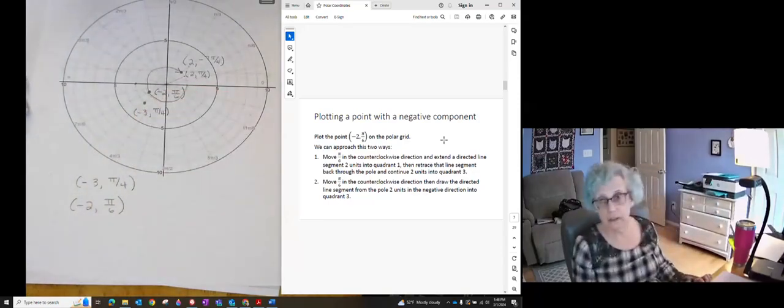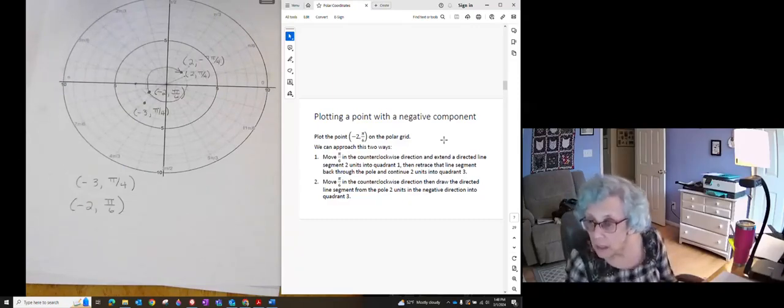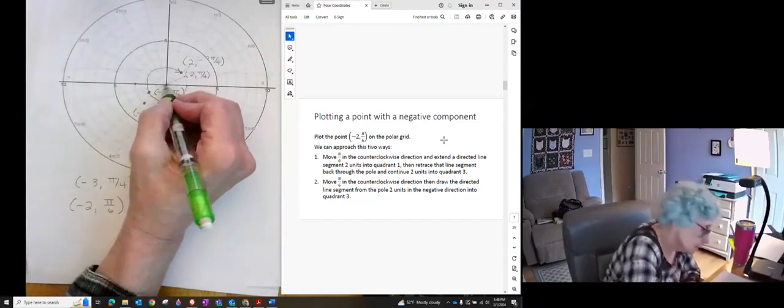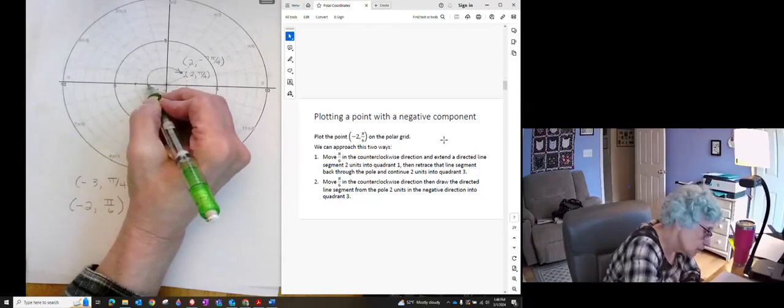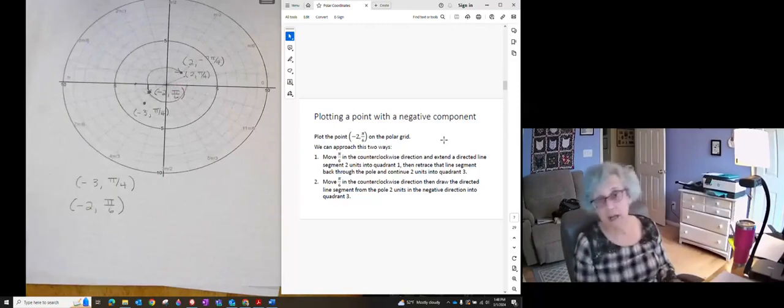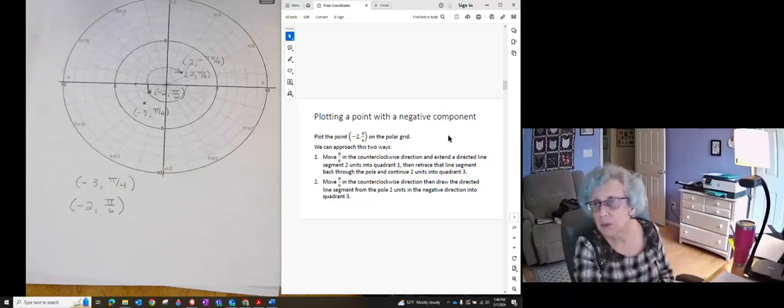Or move pi over 6 in the counterclockwise direction and then draw the directed line segment from the pole 2 units in the negative direction into quadrant 3. Like I said, I generally would just go 1, 2 units in the negative direction and then go down to negative pi over 6. Any of those ways will get you to the right spot.